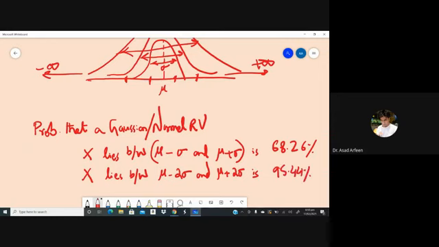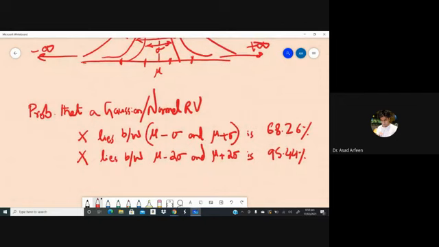95.44%. And another notation you should note, the probability that a Gaussian random variable lies between mu minus 3 sigma and mu plus 3 sigma, obviously this will be even greater.